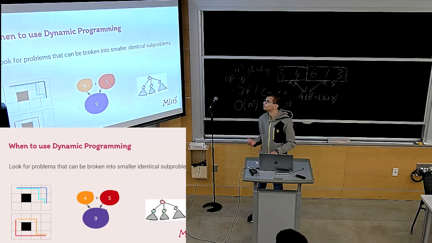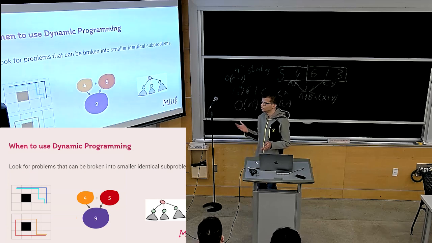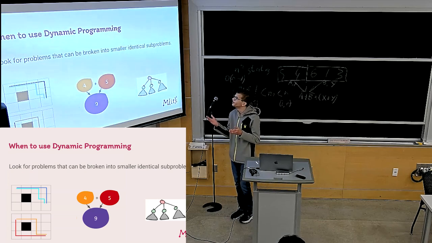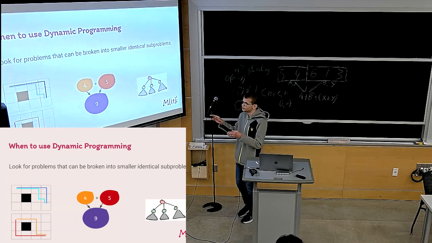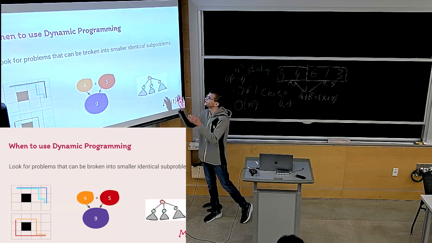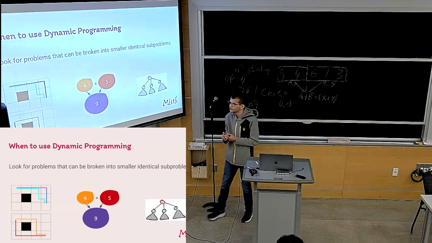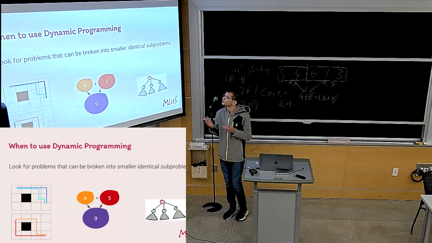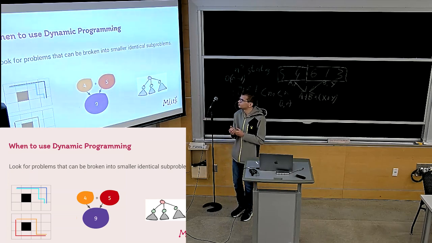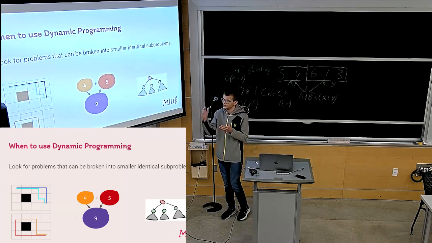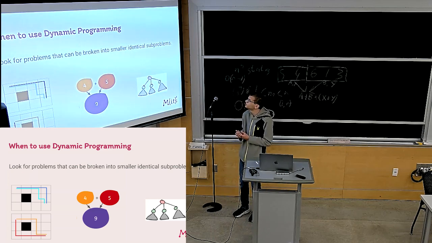Okay, so let's summarize what we learned today. Dynamic programming is a technique where you split a problem into smaller identical subproblems that you can solve, and you store the values for those problems so that you can reuse them to avoid repeated calculations.